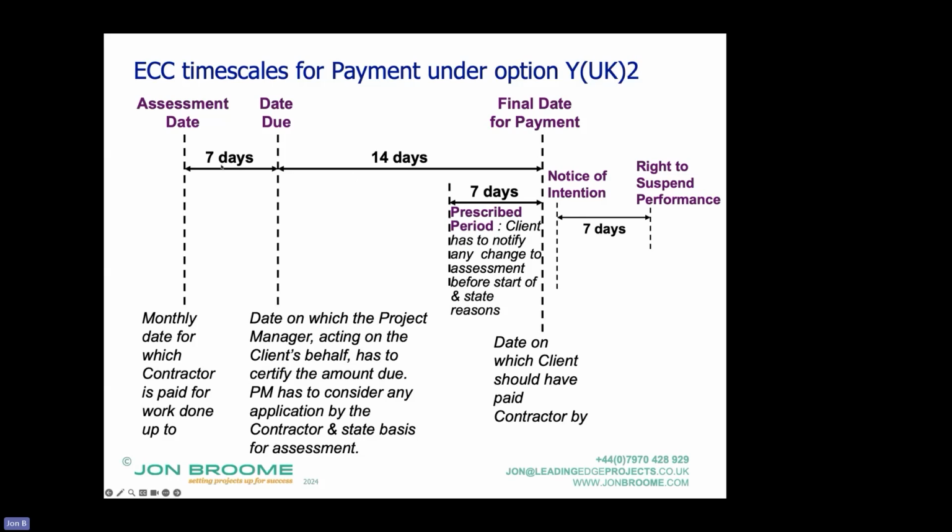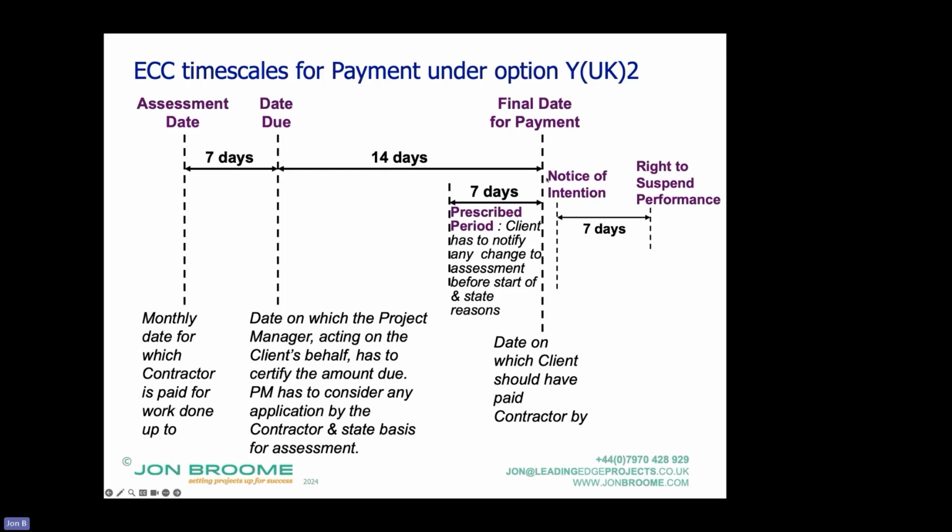Now, all these 3 timescales can be modified by agreement. If you went over 60 days, probably that doesn't comply with the Fair Payment Act, something like that. The one timescale which is enshrined in the Act and you can't change is this 7 days.